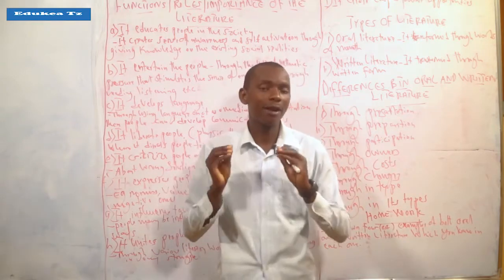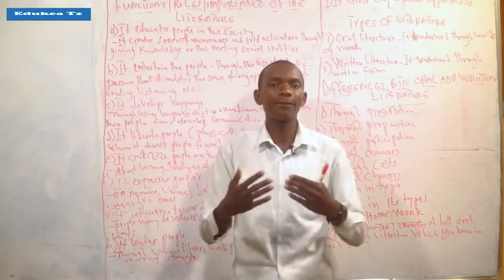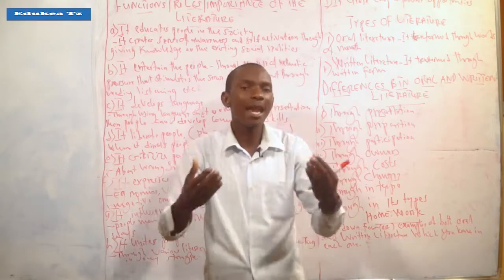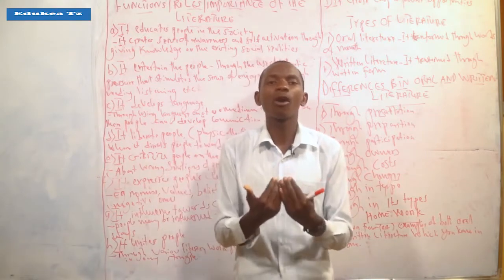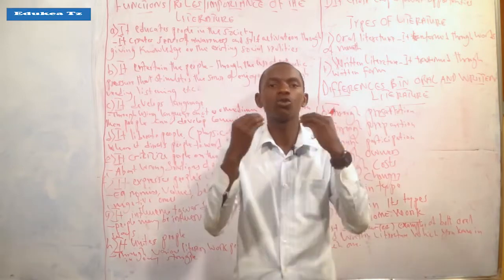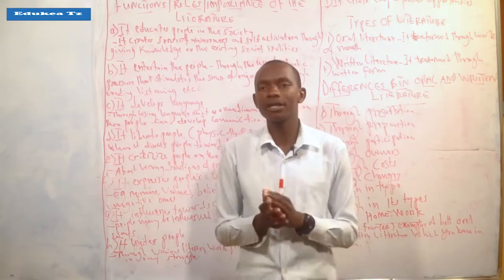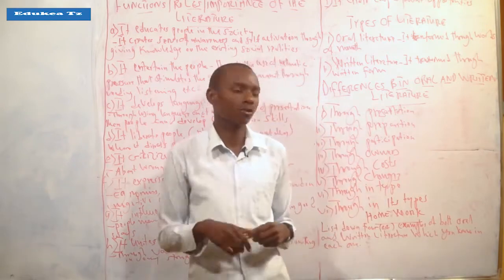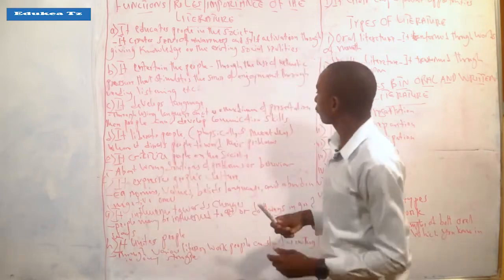And even listening skills. If we are listening to different songs or other literary works, we may improve our communication skills that can enable us to speak a language accordingly, by observing the regulations of a certain language.